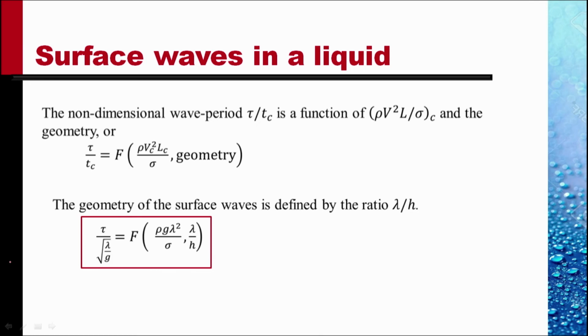So this is the final equation that we get for non-dimensional wave period. A much simpler expression than we began with. For deep sea waves, when h is very large, lambda by h is neglected. So the time period of the waves simply depends upon rho g lambda square by sigma, which is 1 over Weber number.